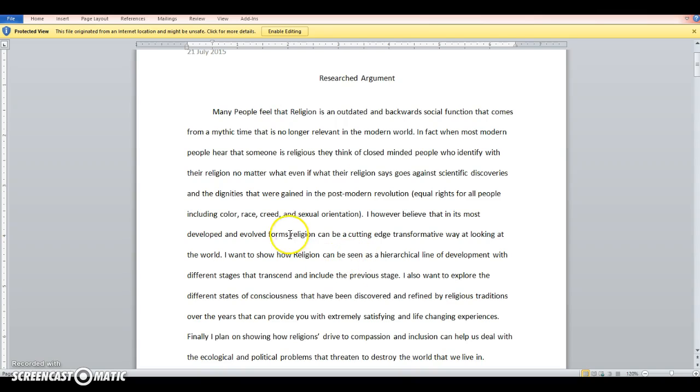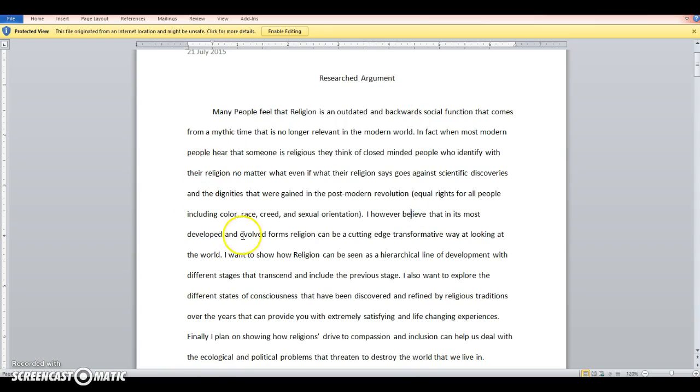So, for example, you say things like, many people feel this, I, however, believe. You can leave yourself out of the thesis. In fact, you can leave yourself out of the entire argument. You are not a strong enough authority, no offense, as an English 121 student, to really make a difference. You're not the expert. That's why I made you cite secondary sources. So just be kind of invisible in the discussion.